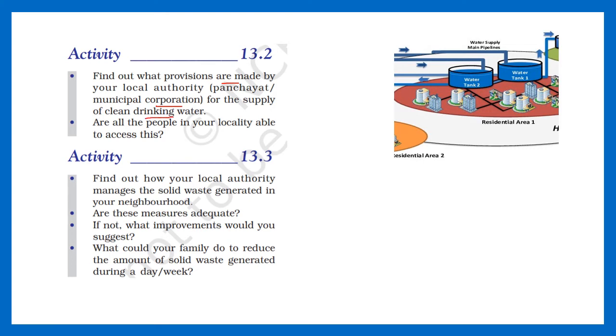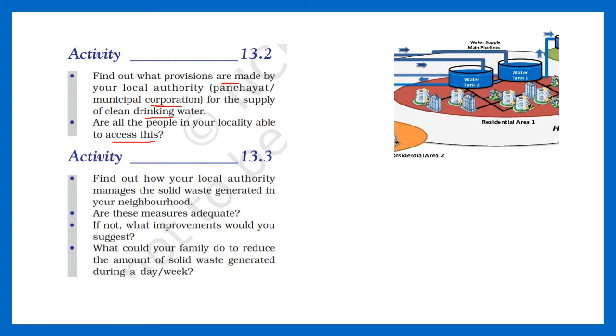Are all the people in your locality able to access this? Good activity. Whichever area you are staying in, you can find out or ask your parents what facility is provided by your panchayat or municipal corporation for the supply of clean drinking water.